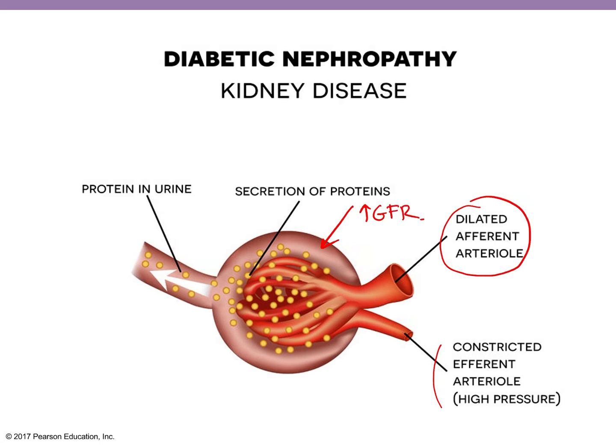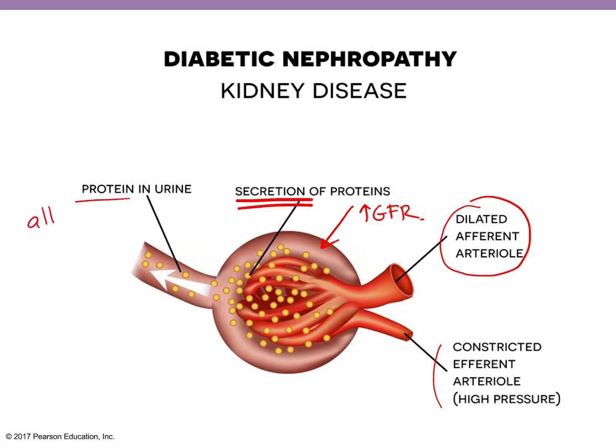Over time, the vasodilation is going to damage the capillaries, and the capillaries are going to start to let out proteins. This should not happen. The filtration membrane that is supposed to keep back our proteins is going to let those proteins through, and so we're going to find proteins in the urine.